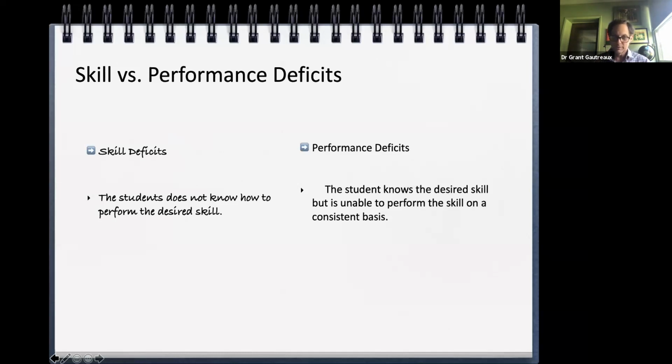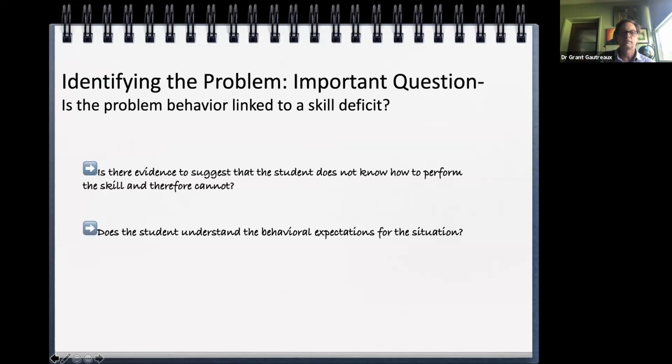That's important, because if it's a skill deficit, that's where all our emphasis wants to be. And really, for the performance deficit, it is about identifying the source of reinforcement. If you get it, but it's just not to the right level, then it's because the reinforcement is not powerful enough.